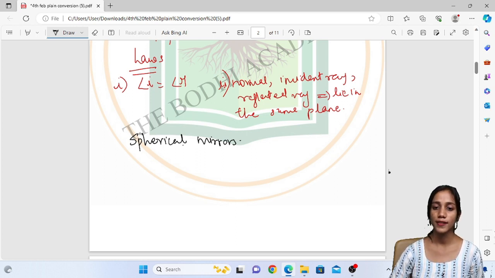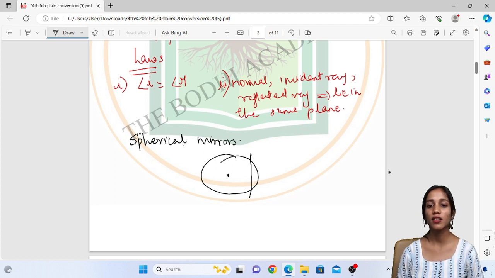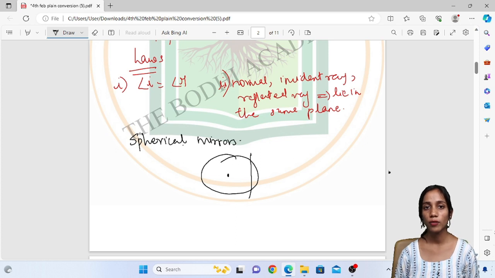For example, consider a sphere which has a center. Spherical mirrors are taken from a part of the sphere. So spherical mirrors are basically parts of spheres, cut from the sphere. When you take it from the sphere, you have two kinds of mirrors.